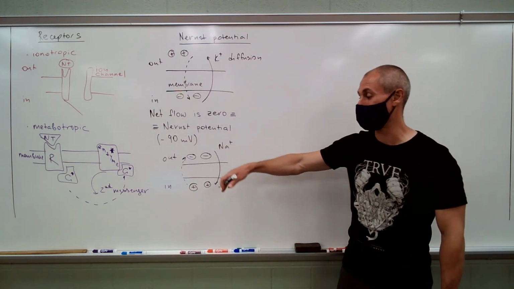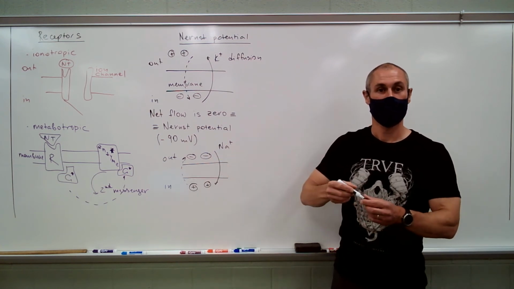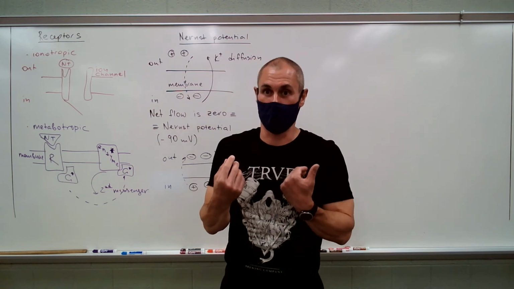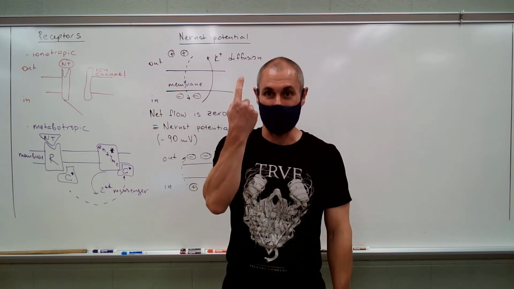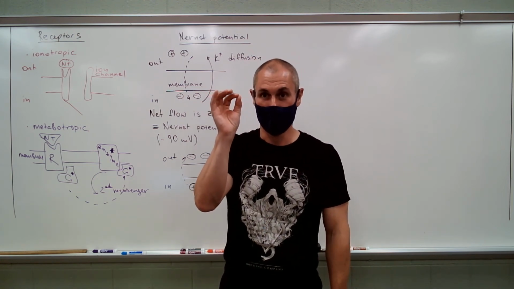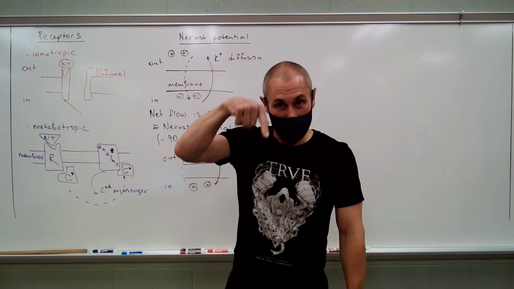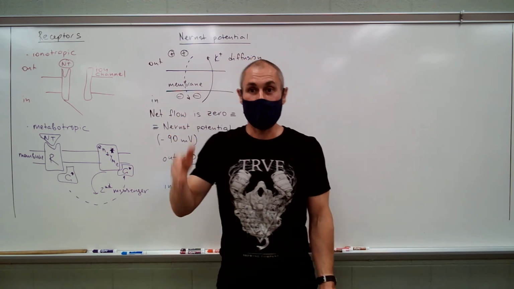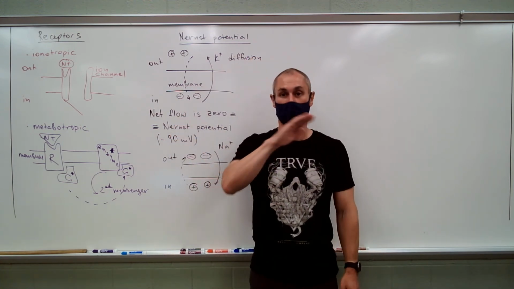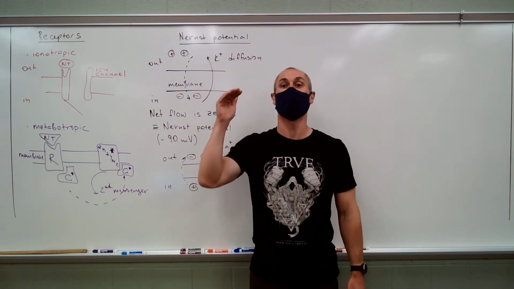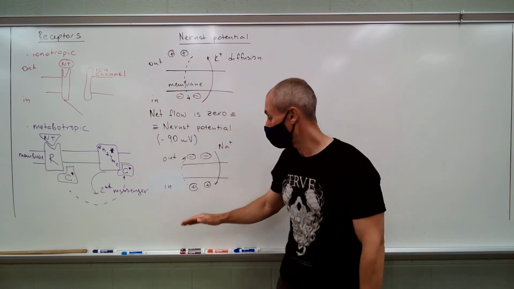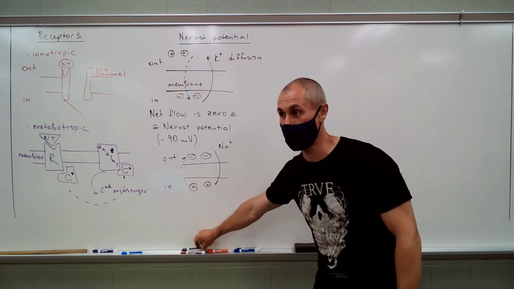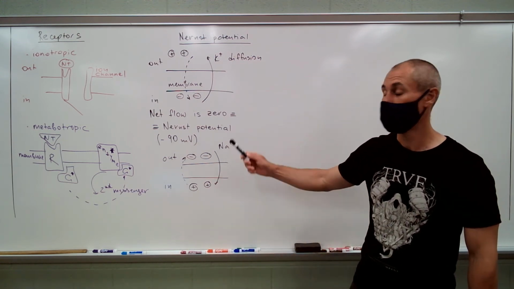We'll always measure inside. You can take an electrode and physically stick it into the cell. This is basically an agreement: we stick an electrode in the cell and always measure potential in the cell. So, is the Nernst potential for sodium positive or negative? Positive.